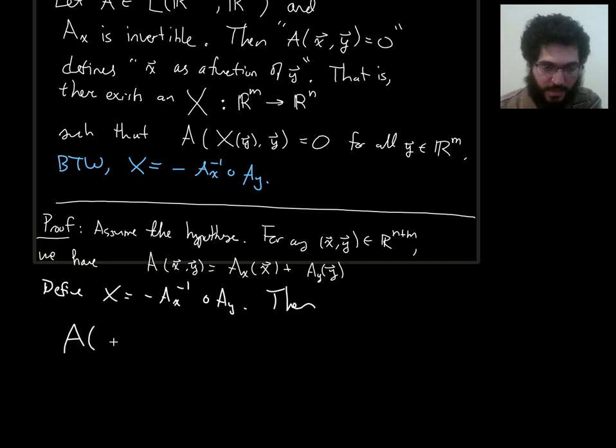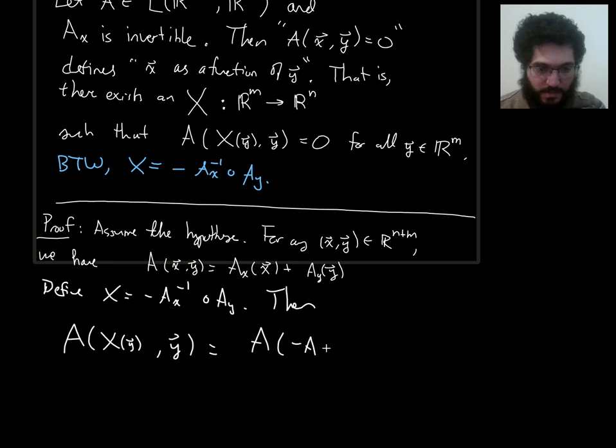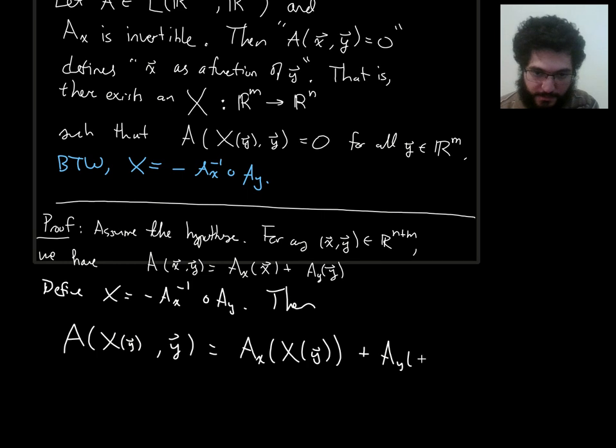So then A of (X(y), y) is, well, first split things up. So that's A sub x of this plus A sub y of that.